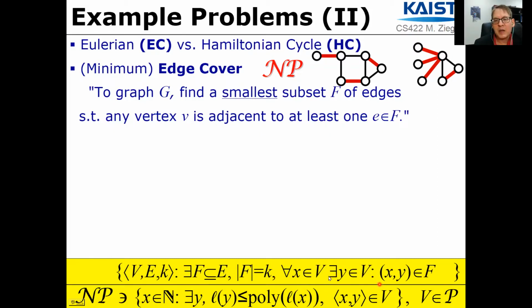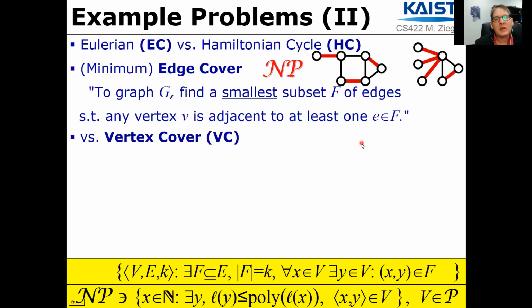And verifying whether a given set of edges is an edge cover or not is easy. Just make sure every edge given belongs to the original graph, and make sure that every vertex is an endpoint of one of the edges in this set, so that this indeed belongs to NP.